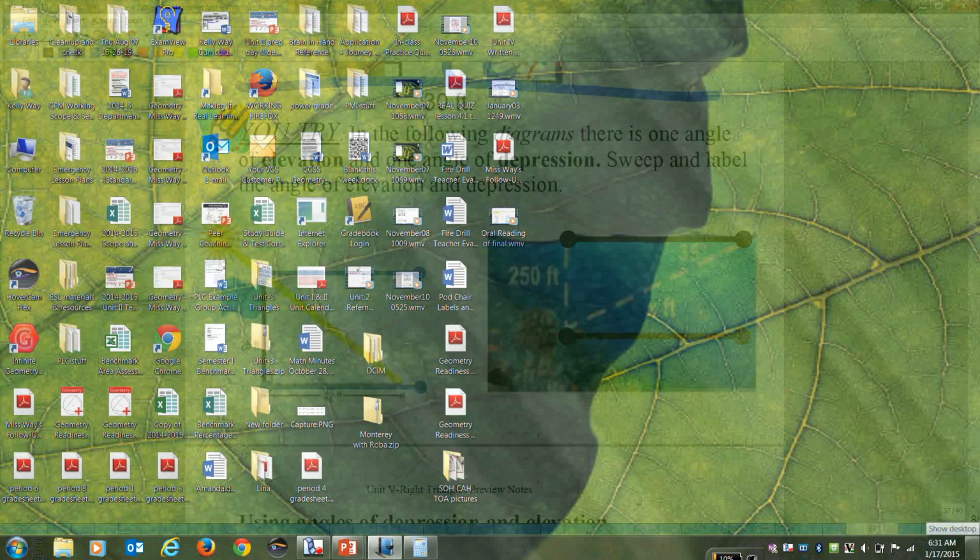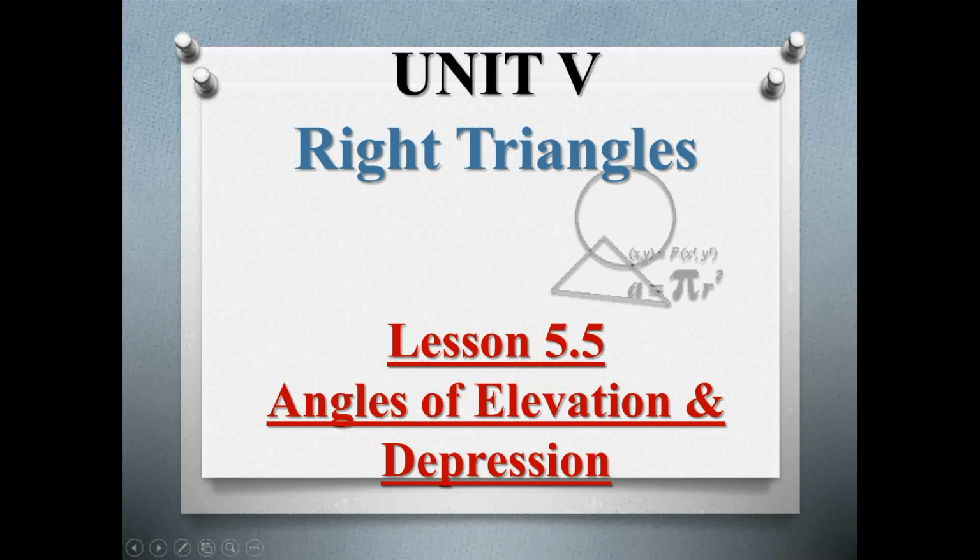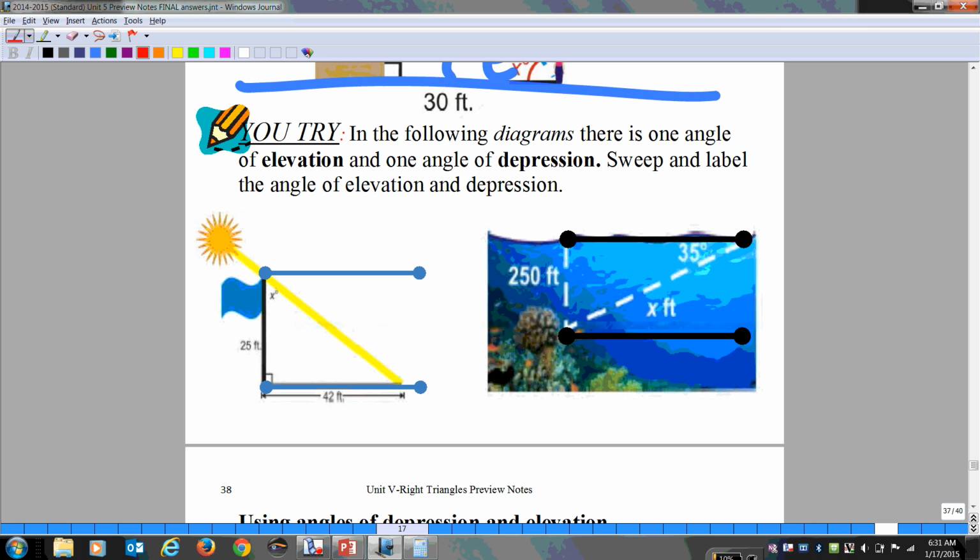In these diagrams, again, I'd like you to label the angle of elevation and depression. Elevation for both starts at a horizontal and goes upward.